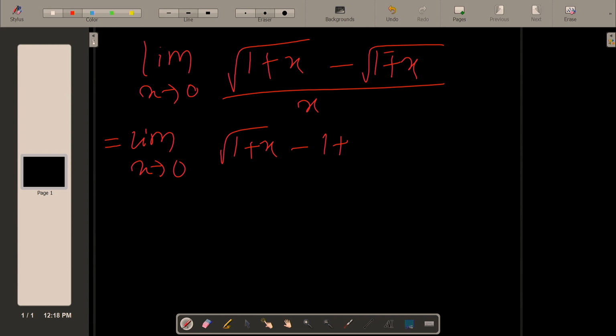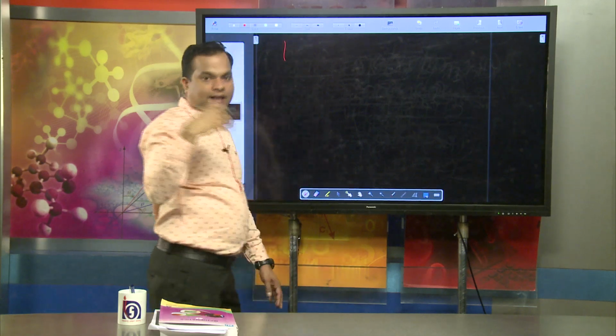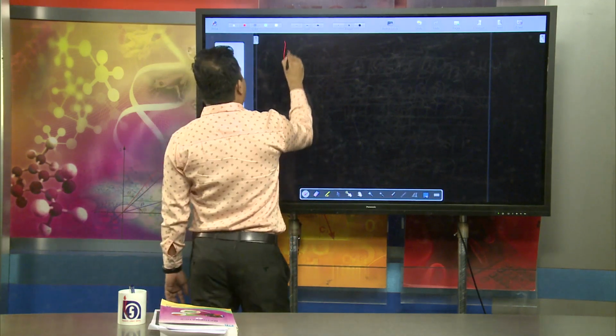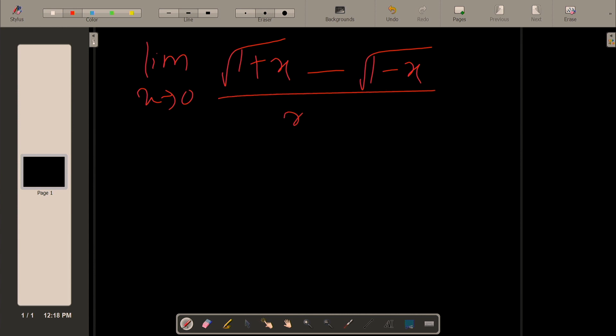Again I would like to take another example, that is limit x tends to 0, square root of 1 plus x minus square root of 1 minus x, divided by x.